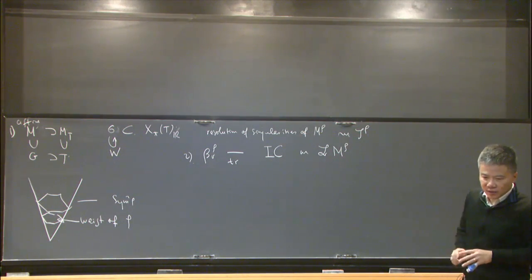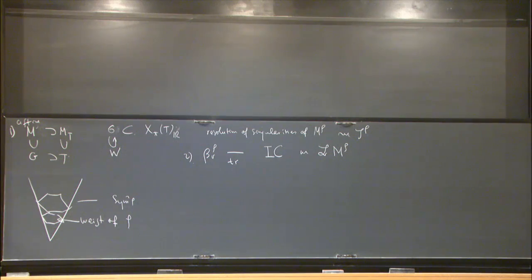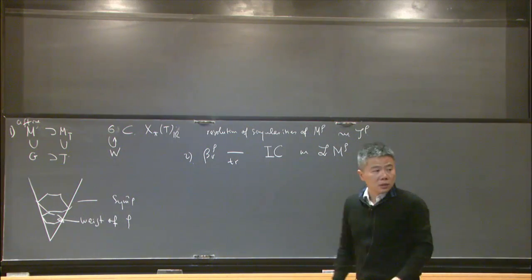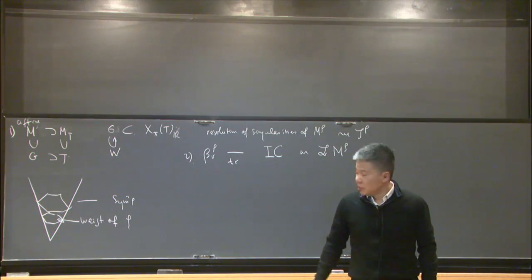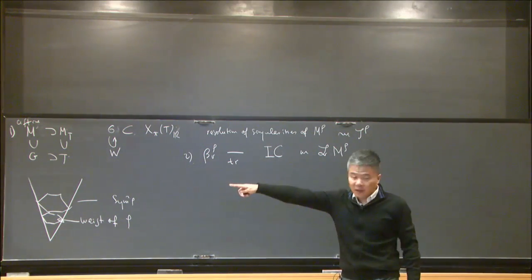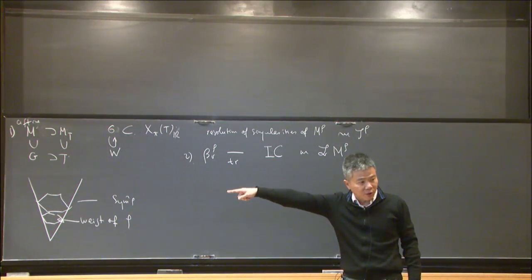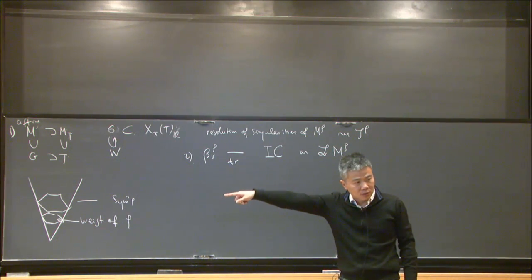Maybe we can talk a bit later. I didn't know that this is the correct basic function to take. When I take the IC, it acts on the L function, and then it satisfies what I want. It satisfies property 2.